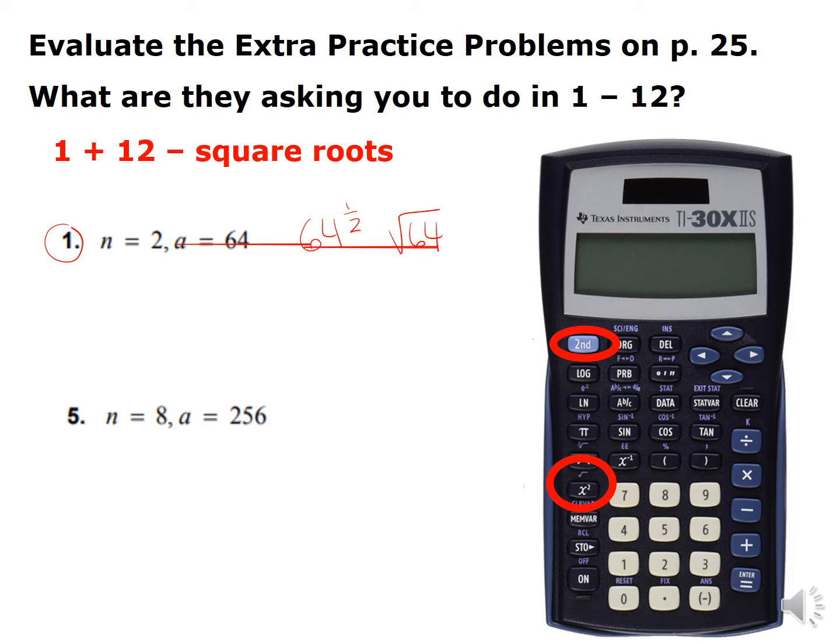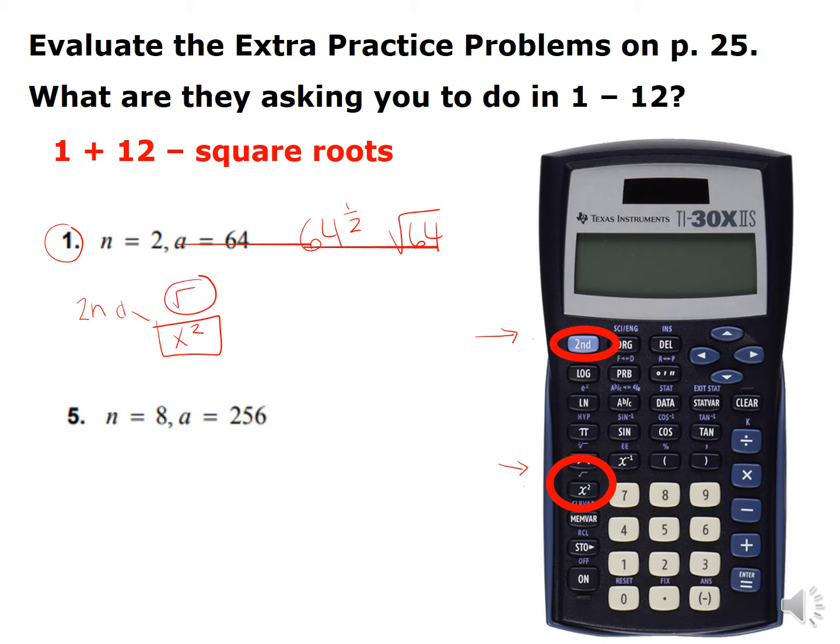Now to get that on the calculator, you would type in second, which is this key, and that takes you to the instructions above the x squared key. So you're going to hit the x squared key, but it's actually going to be giving you this.